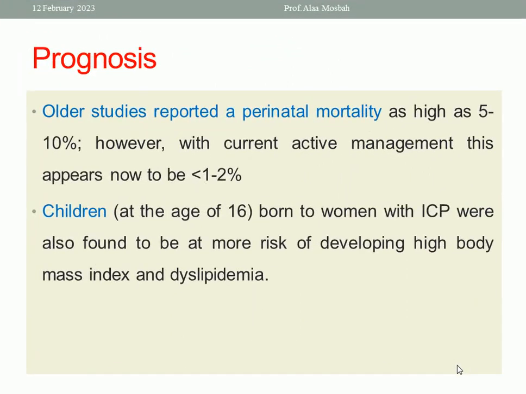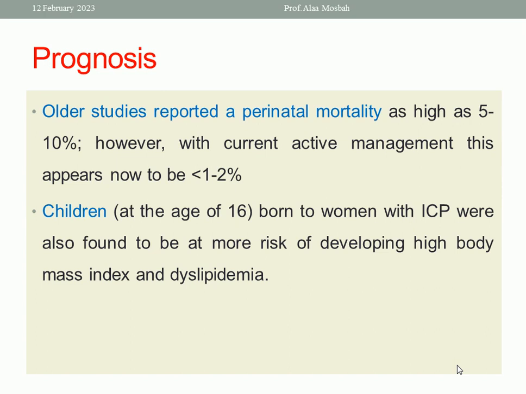Older studies reported perinatal mortality as high as 5 to 10%. This is very high perinatal mortality. But really, the good news is that current active management leads to a reduction in perinatal mortality, reaching 1 to 2%, or even less than 1 to 2%.